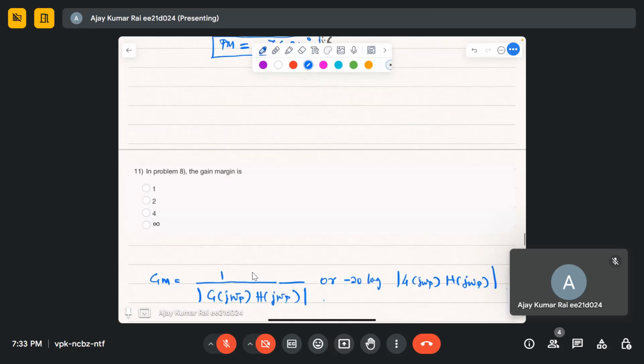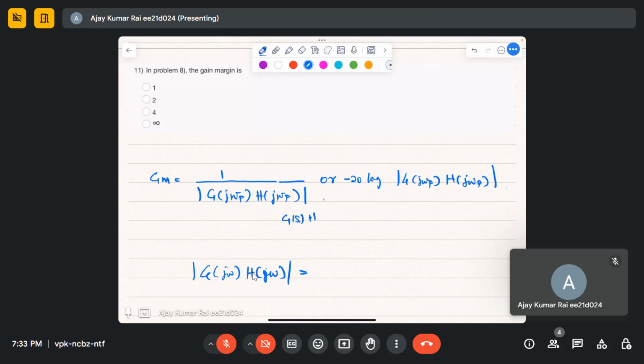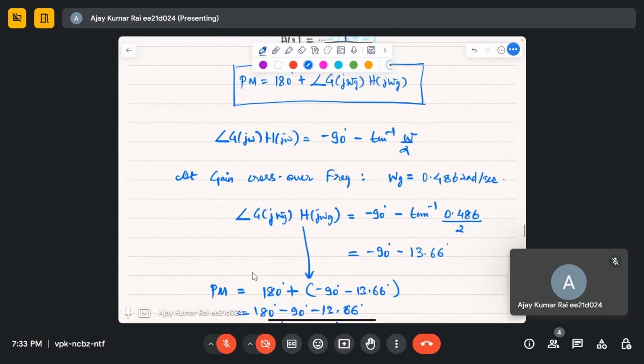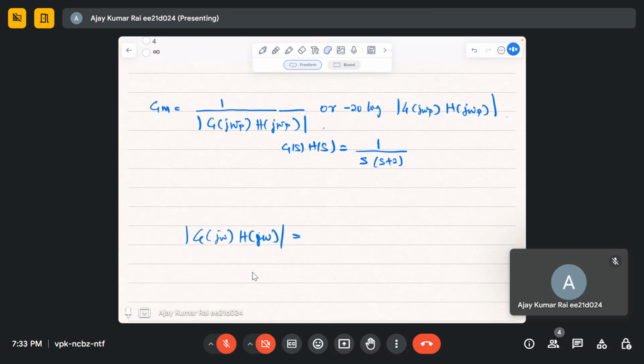So before that, let me write the open loop transfer function. If you put s equal to j omega, okay, what is the magnitude?